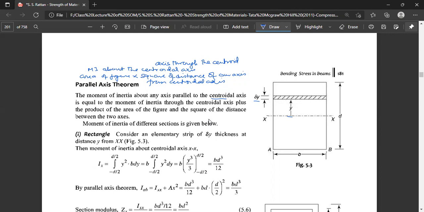We know b is constant, so the integral of y squared dy from minus d by 2 to plus d by 2, that is y cubed by 3, gives b d cubed divided by 12.